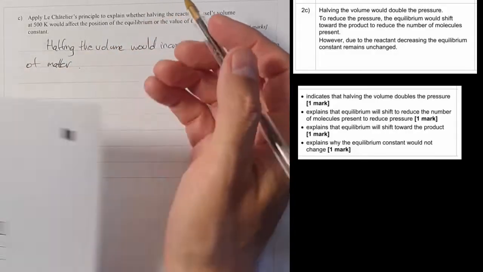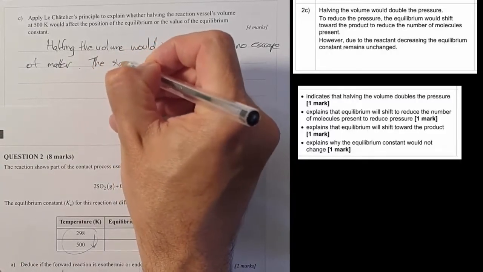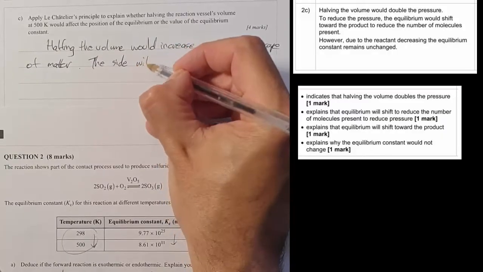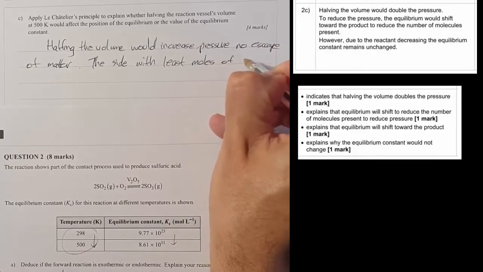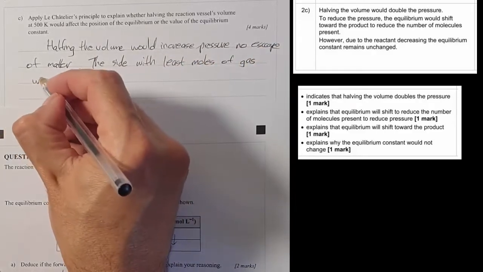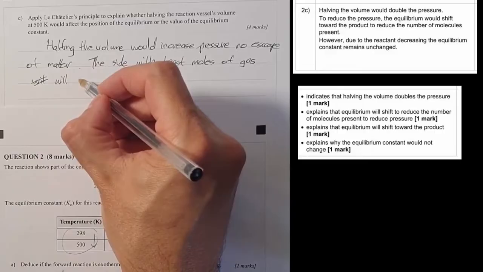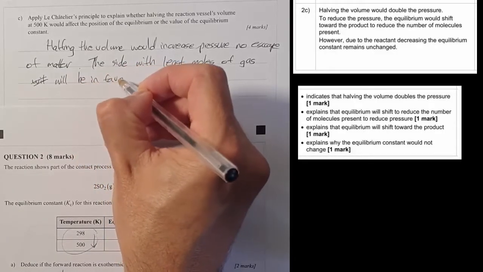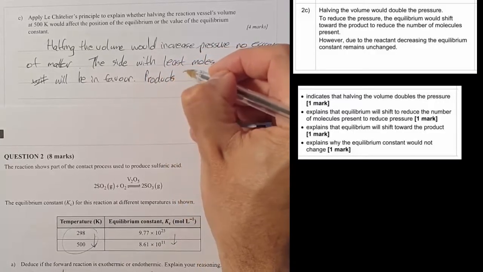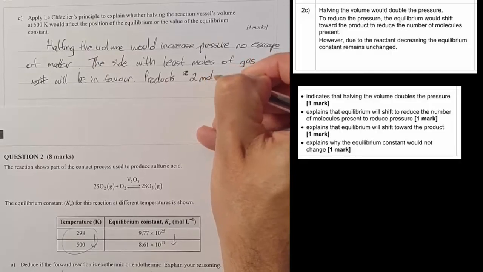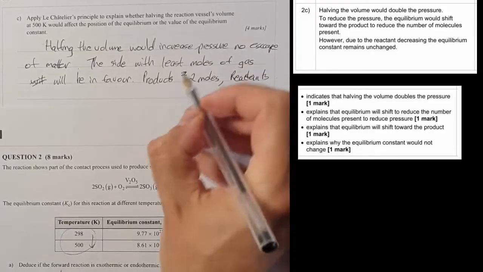So if we look over here, the side with the least moles of gas will be in favor. So products is 2 moles, reactants is 3 moles.